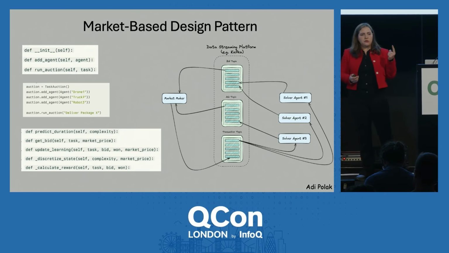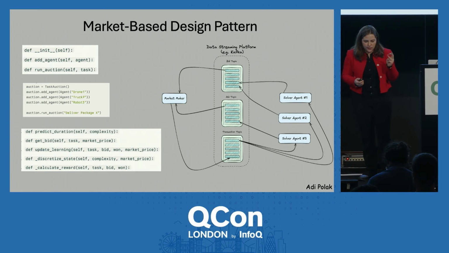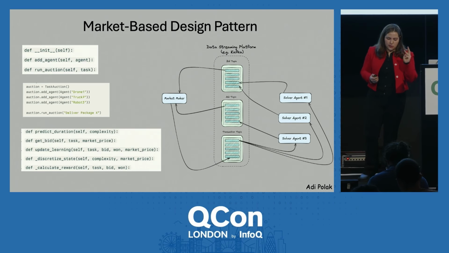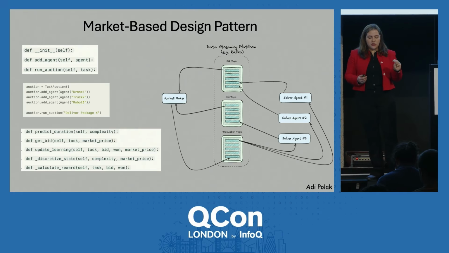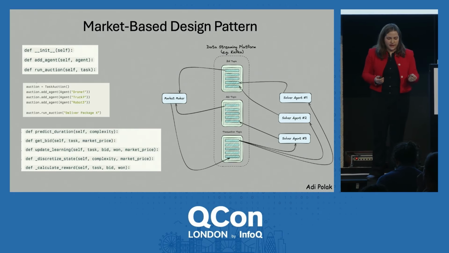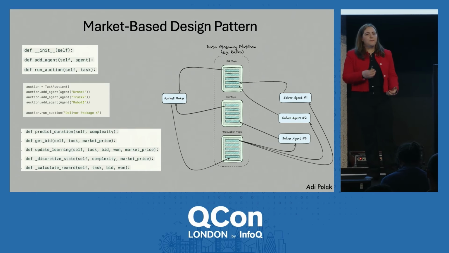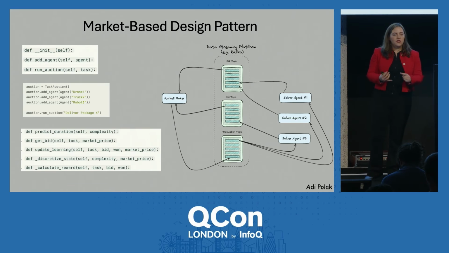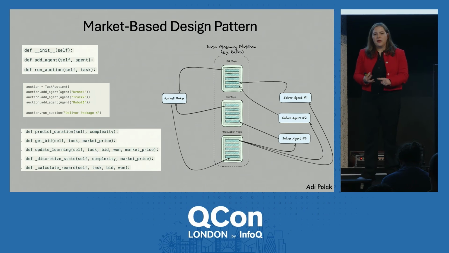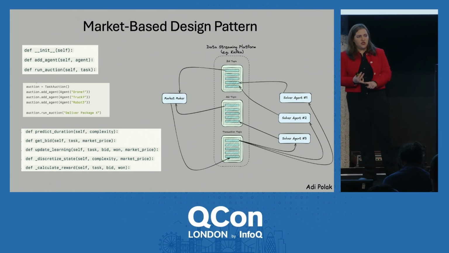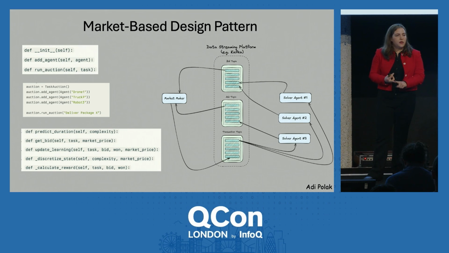One is drone, the second one is a truck, the third one is a robot. So, my question is, run an auction, how am I going to deliver that package. Each one of these agents will need to go back and bid, need to understand how much it costs them to actually do the shipping, is there value in doing this shipping, and what bid they're willing to bid for actually winning that shipping.